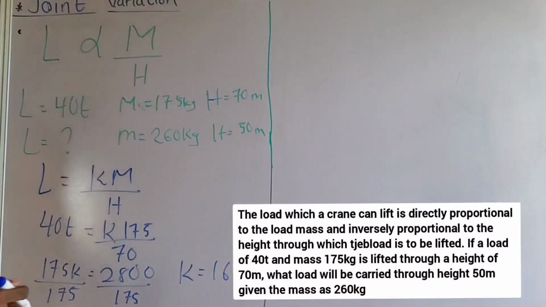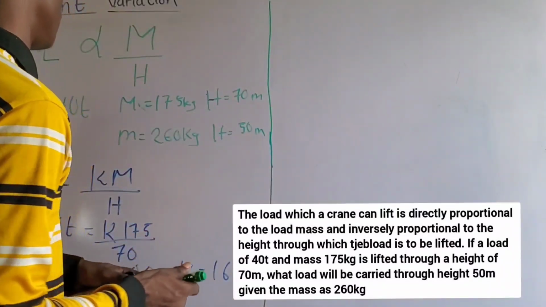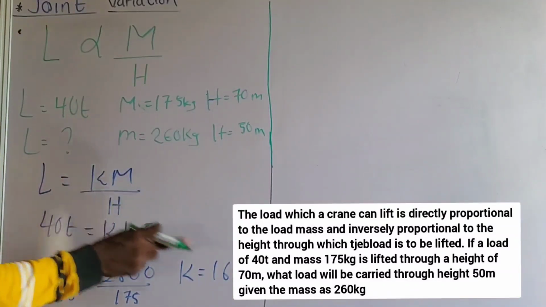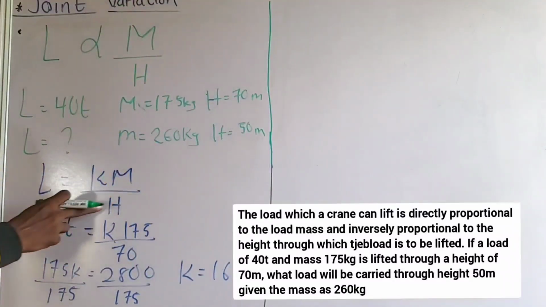Having gotten the value of K as 16, we can now calculate the load when mass is 260 and height is 50 meters. All we have to do is replace the values of K, M, and H as 16, 260, and 50 respectively.